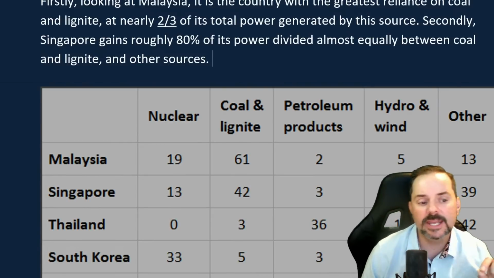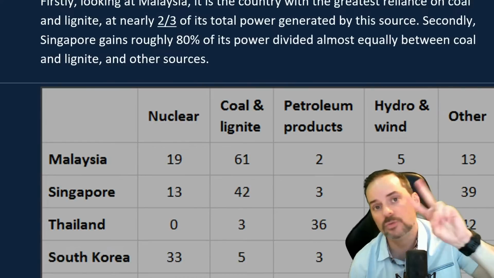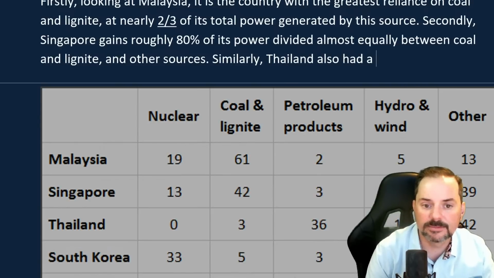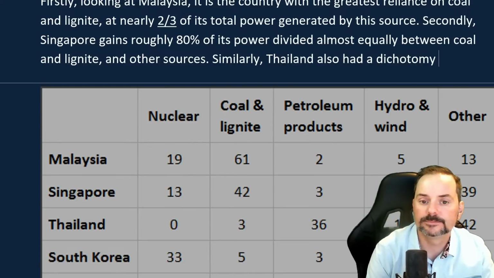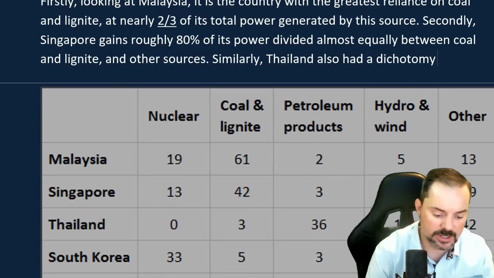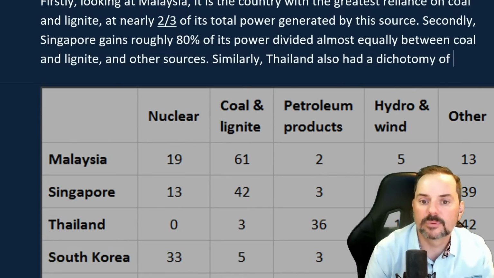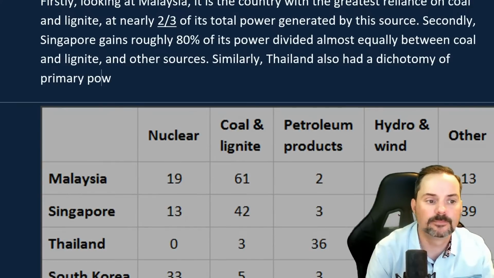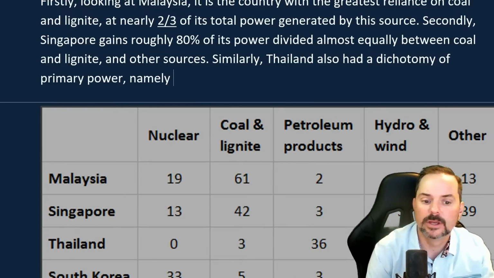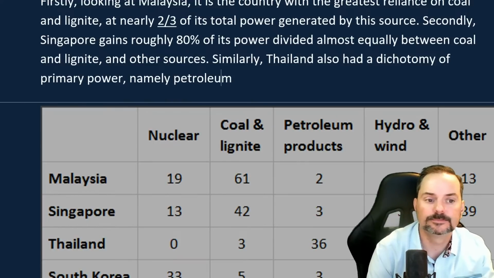So here, Thailand is similar to Singapore in that it has two dependencies. Okay. So similarly, Thailand also has a dichotomy. Dichotomy is a nice word. Dichotomy means twofold. Okay. Dichotomy of primary power, primary meaning the main, right? Namely petroleum and other sources.